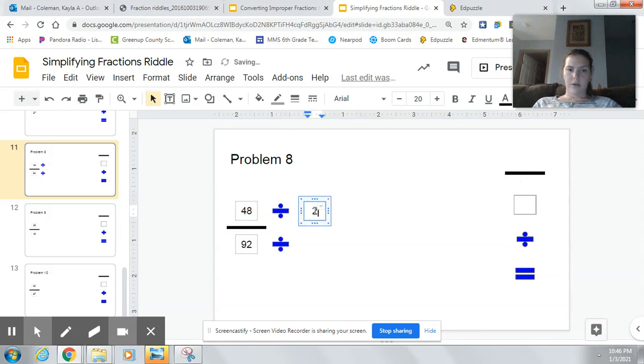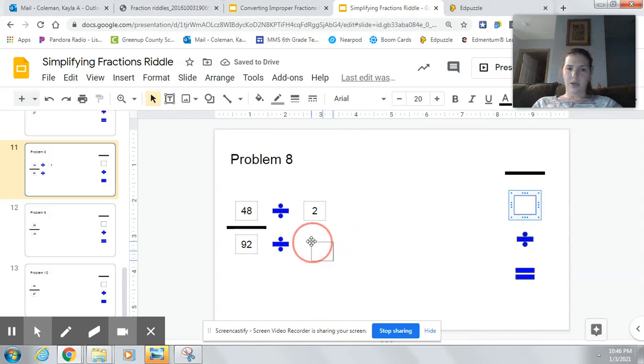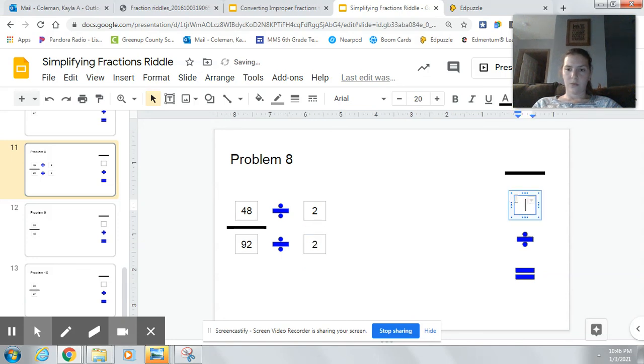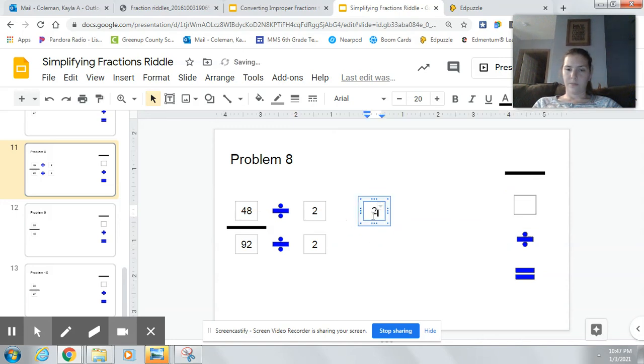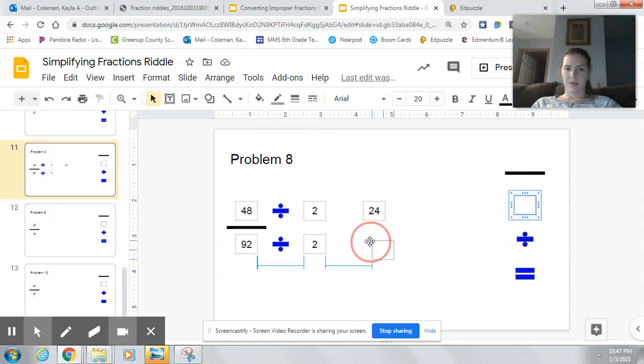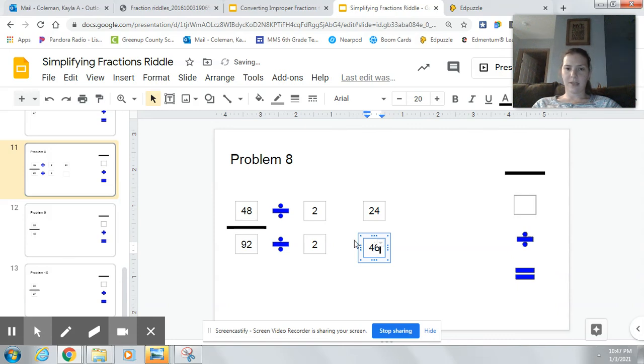So if you did 48 divided by 2, you would get 24. So I'm going to put 24 as my numerator. 92 divided by 2 would be 46. So I'm going to put 46 there.